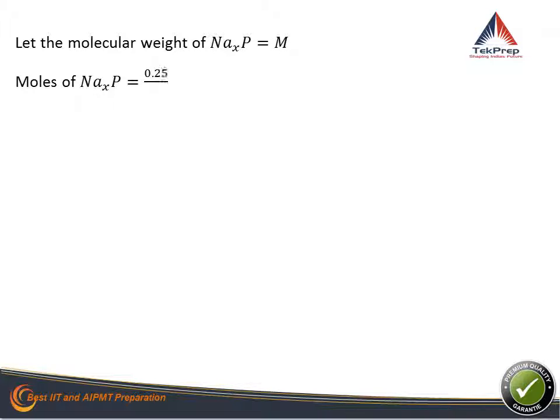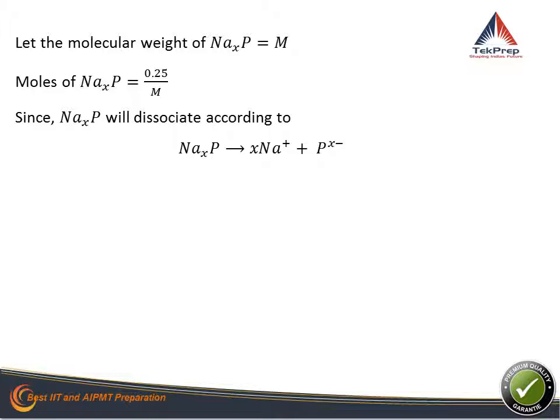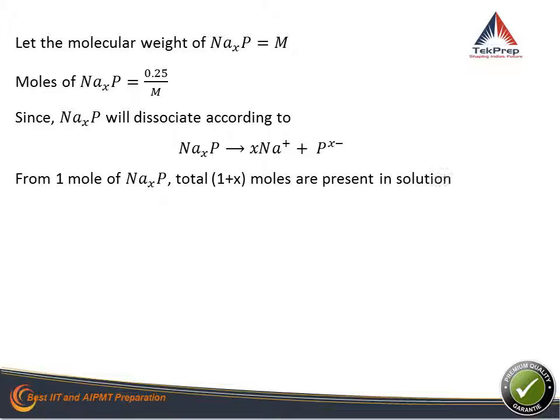Let's assume that the molecular weight of NaxP is capital M, and the moles of NaxP would be 0.25 grams, which we started off with, divided by M. Since NaxP will dissociate into ions, 1 mole of NaxP will always give 1 plus x moles, because it is dissociated in the solution.